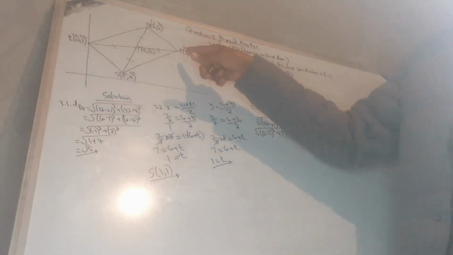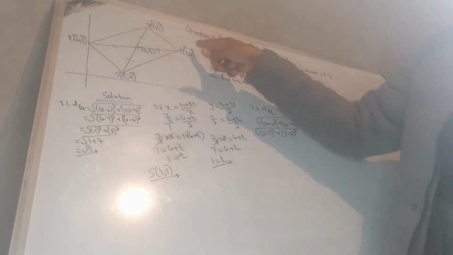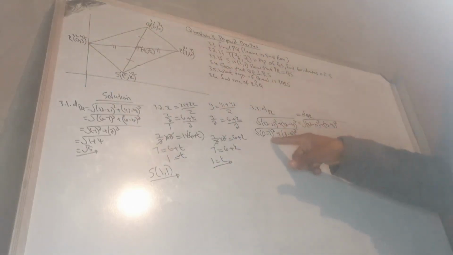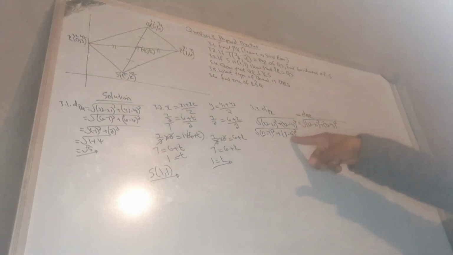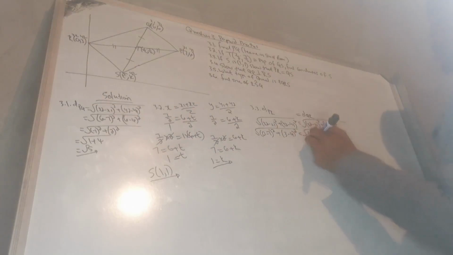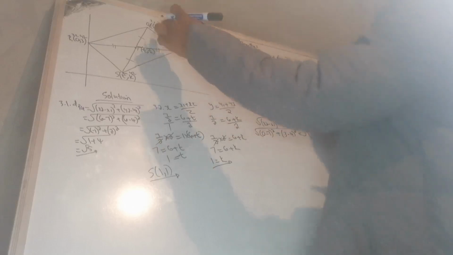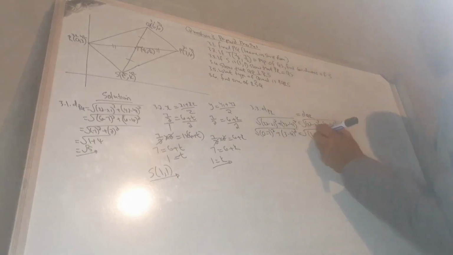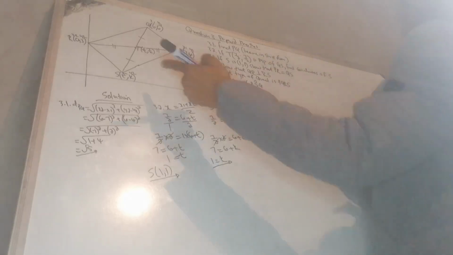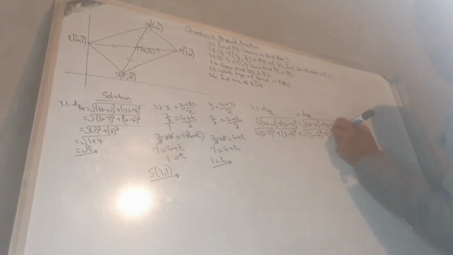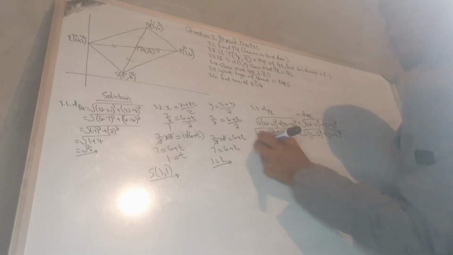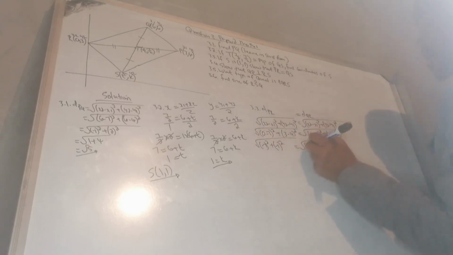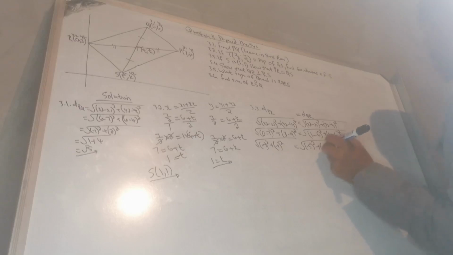For QS, x2 is 1 minus 6 and y2 is 1 minus 6, so minus 5 squared and minus 5 squared.